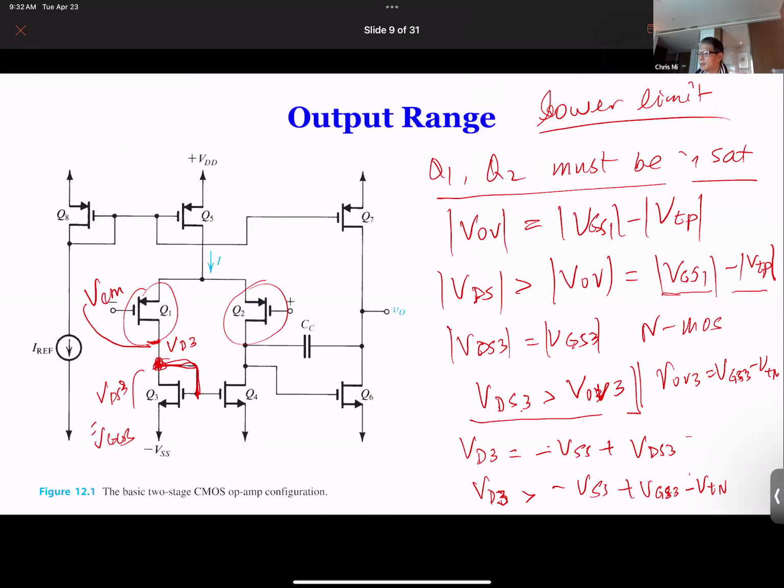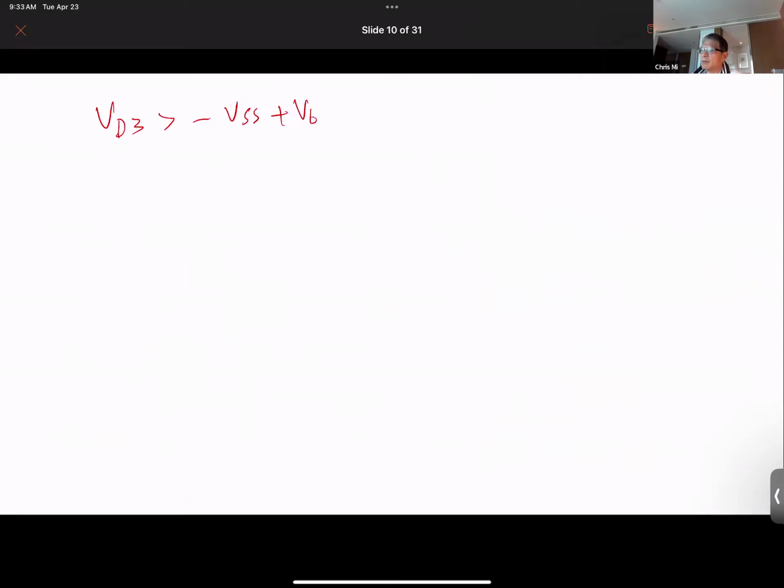VOV3 equal to, yes, which one? VOV3. This should be a mistake. So VTN, VGS3, VDS3 larger than VOV3 minus VSS plus VOV3 plus VOV3 and plus VTN. Let me see, there's apparently a mistake somewhere I just made.